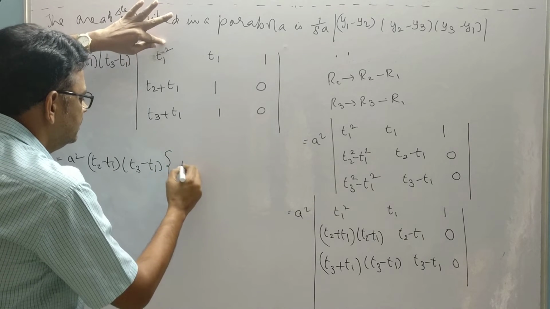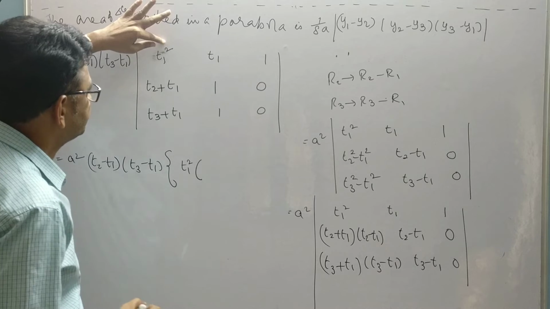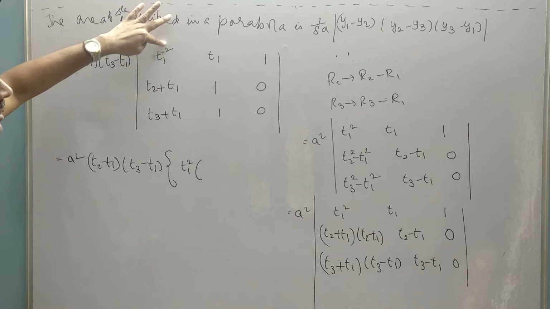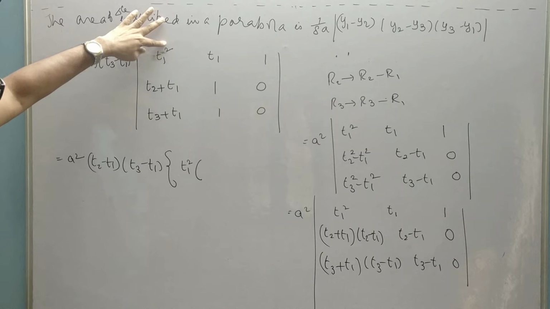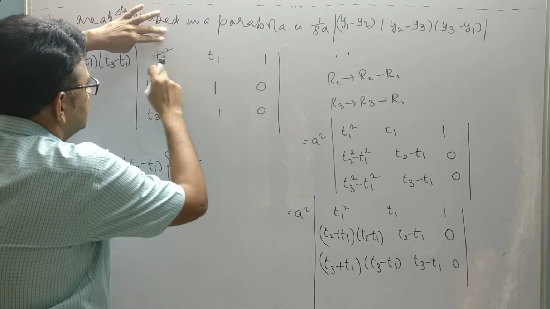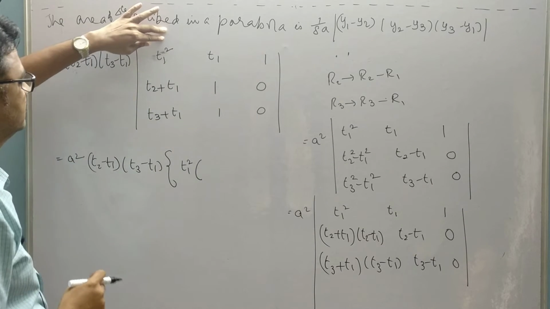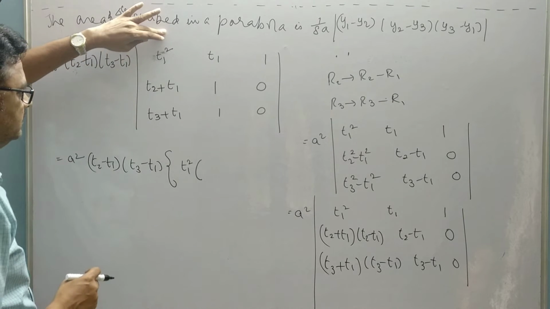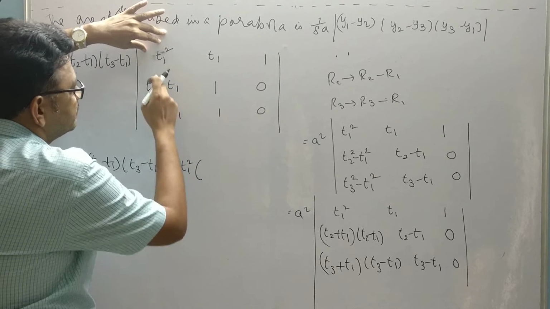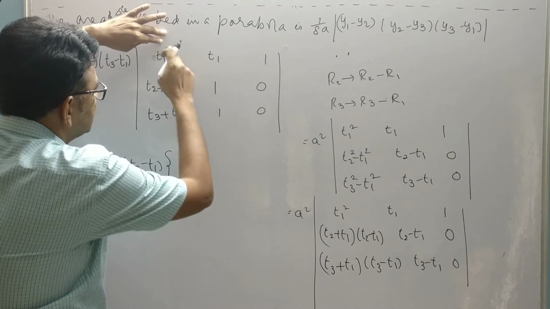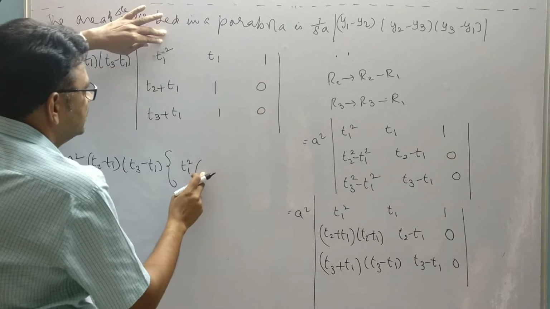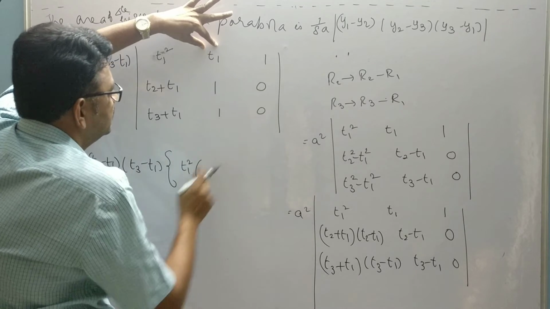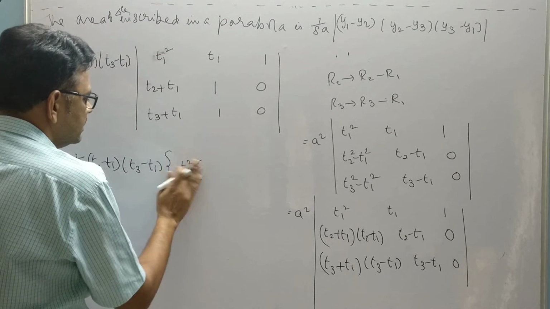Deleting first row and first column gives 0, and next, minus t1 into the remaining minor by deleting this row and column is also 0.